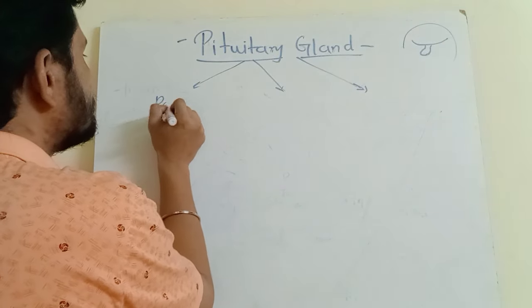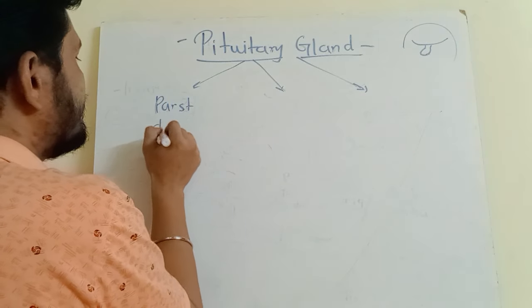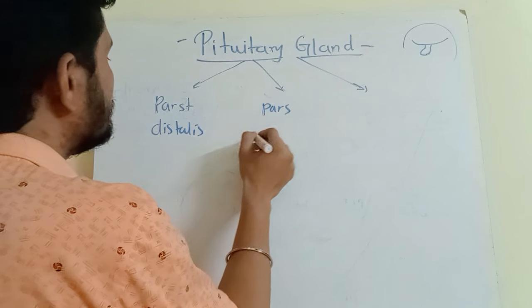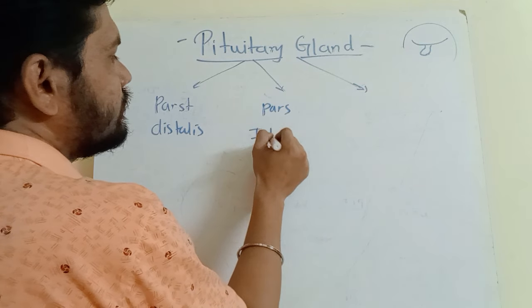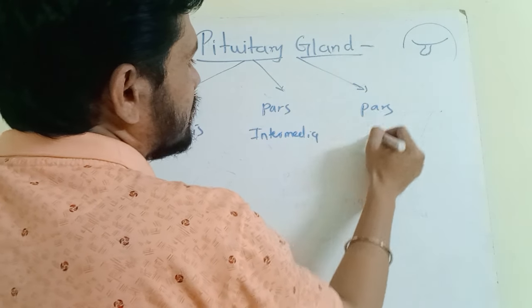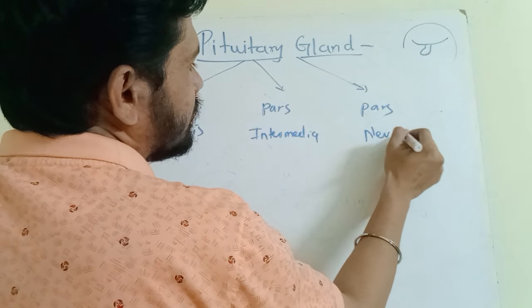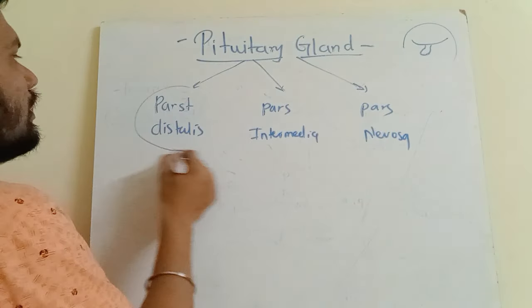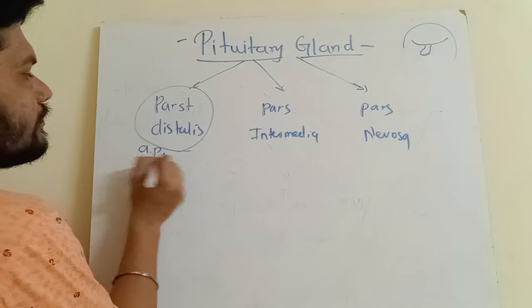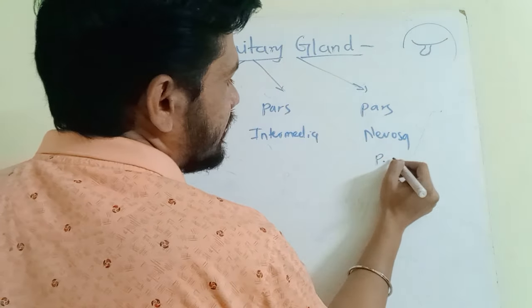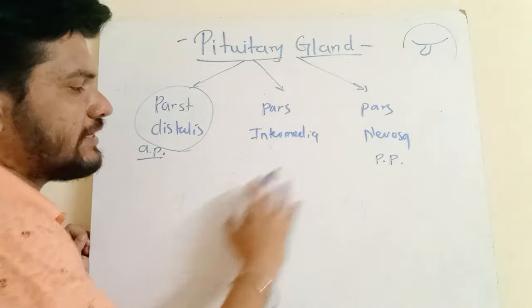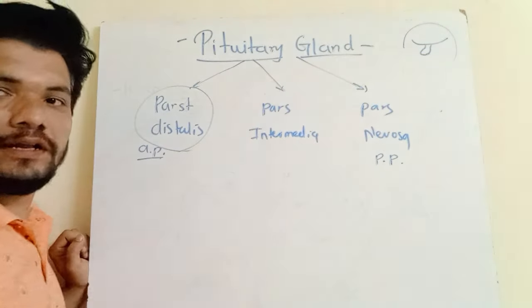This is pars distalis, this is pars intermedia, and this is pars nervosa. This is also called the anterior pituitary. This is also called the posterior pituitary.